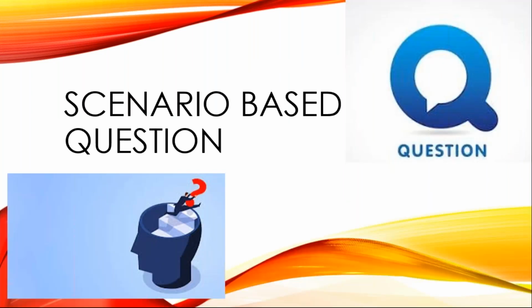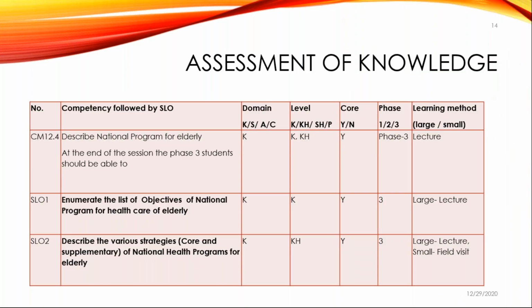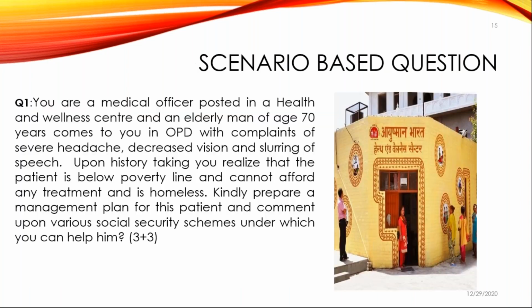Moving on to the next one, that is a scenario-based question, and it is based on competency 12.4, that is, describe national program for elderly. The question is as such: you are a medical officer posted in a health and wellness center, and an elderly man of age 70 years comes to you in OPD with complaints of severe headache, decreased vision, and slurring of speech.